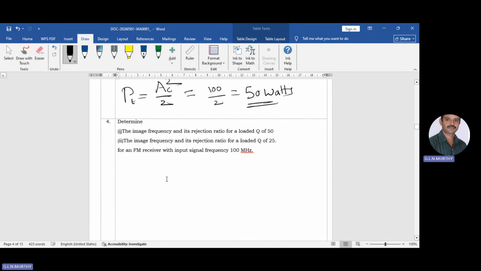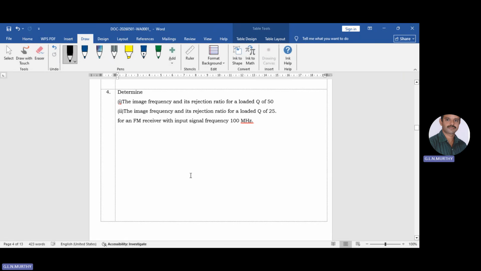Now let us go for a deviation from modulation to communication systems. See this example. Image frequency rejection ratio was asked. This corresponds to radio receivers. Image frequency rejection ratio is a fundamental characteristic of radio receivers.